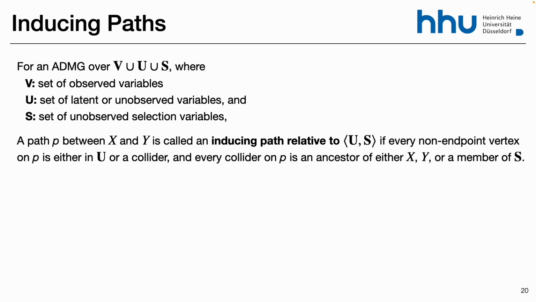Here in the definition, it says if every non-endpoint vertex on P is either in U, but U defines just edges, not vertices. I think to be in U, it should be an edge. Yes, you can complain about a vertex being a variable, not a vertex, but it's always a vertex as well in the graph.